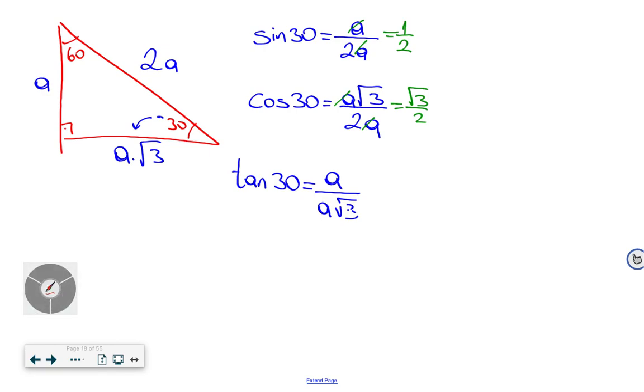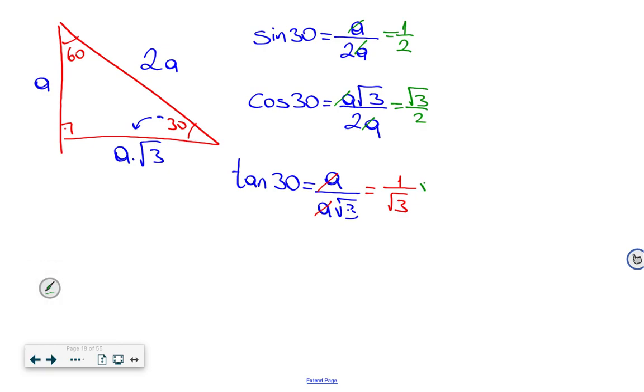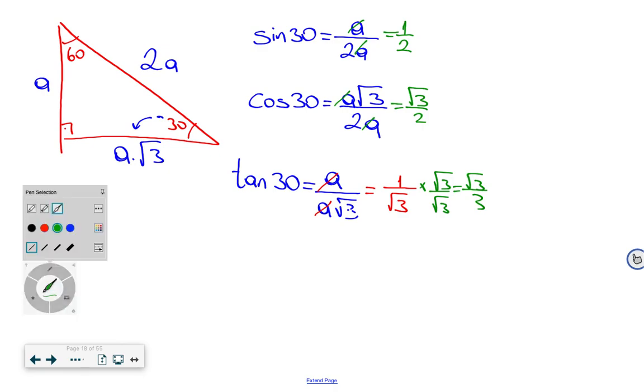When you simplify A, you can get 1 over radical 3. Remember that we can't leave the denominator with the radical sign. This is the reason we are multiplying both numerator and denominator by radical 3. Then you will get radical 3 over 3 is the trigonometric ratio of tangent 30.